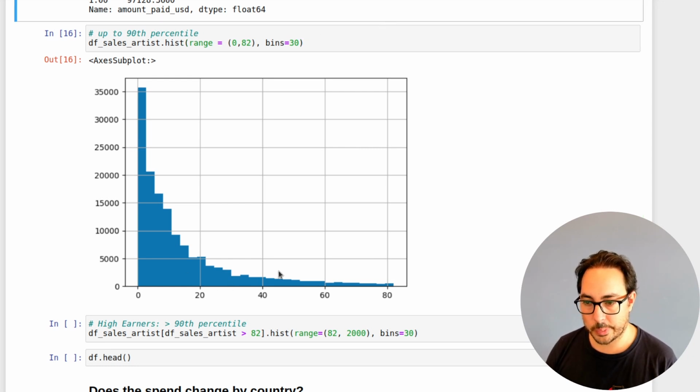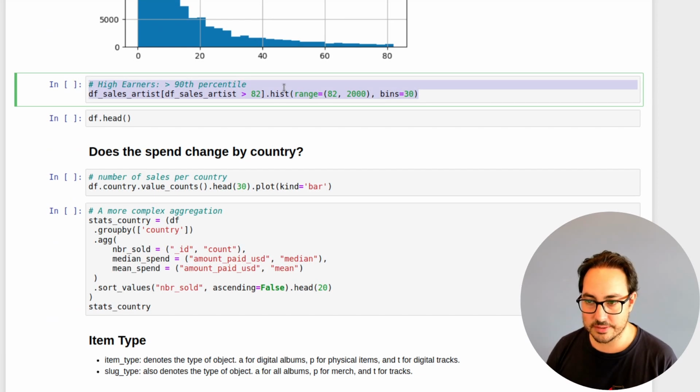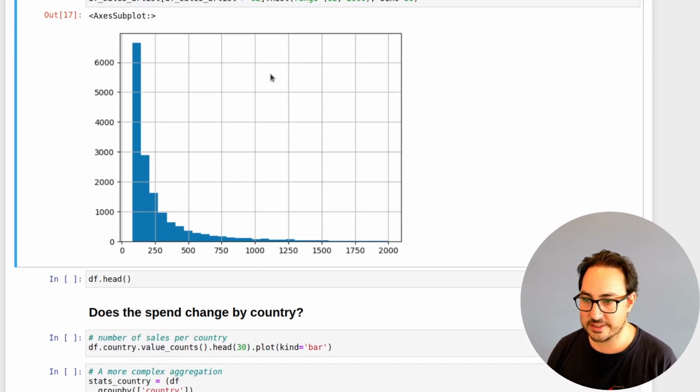That generally tells us that the mean will be a lot higher than the median. And in these cases, I prefer to use the median instead of the mean because it's more realistic. If I plot the histogram of the high earners, I can do the same thing.